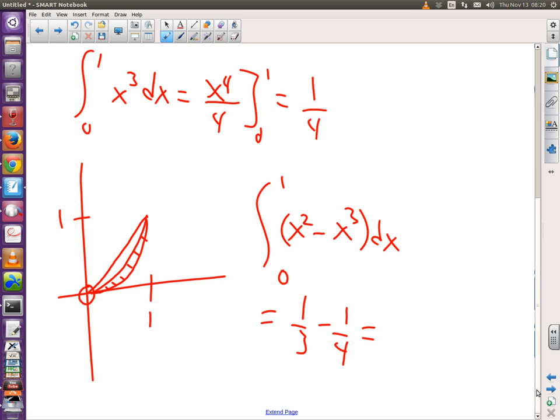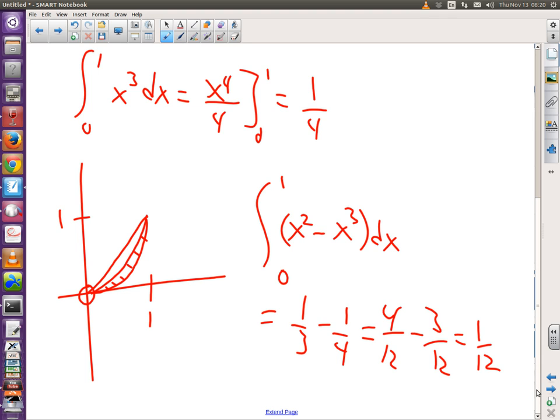Do you know how to subtract fractions? Common denominator is 12. Multiply top and bottom by 4 on the first one. So I got 4/12 minus 3/12 is 1/12. That's how you get the area between two curves.